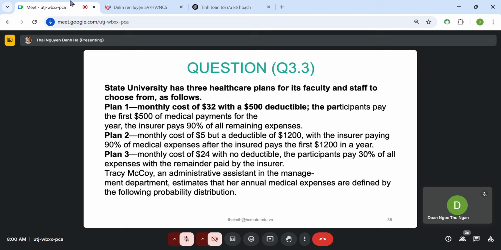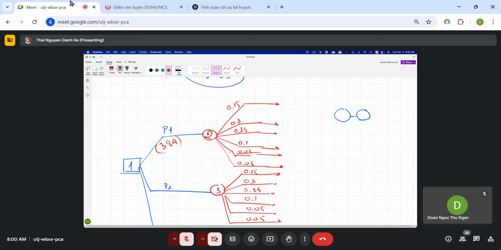So the first time we use the insurance, we need to pay 500 as the deductible. So here, every year we need to pay 500 just for the first payment. We need to pay just one time for a year. And the total cost annually, we need to pay here.